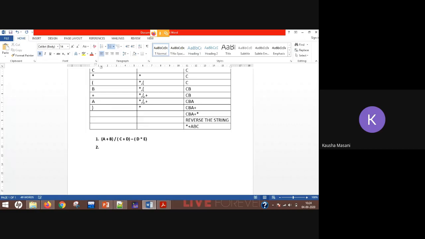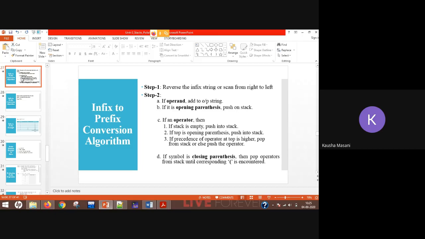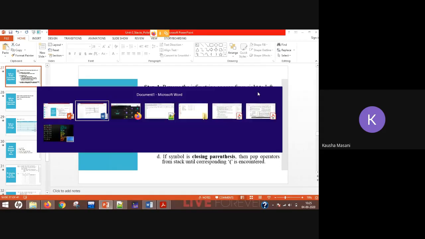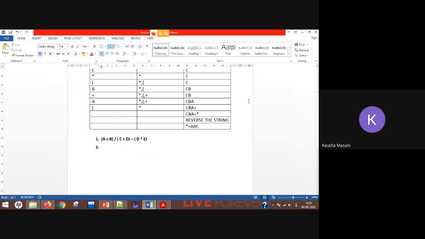Okay, so here also I'm doing it parallelly with you. First of all, reverse your string, or scan from right to left, according to the algorithm. So first of all, let's go for that reversal part only.